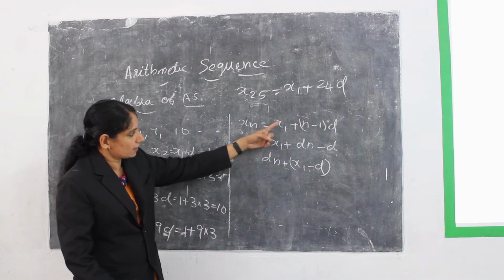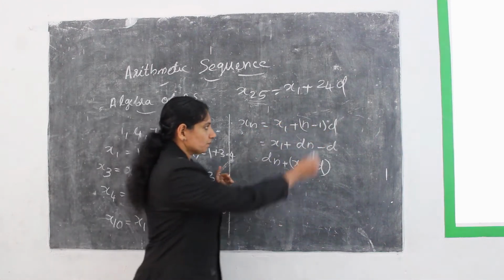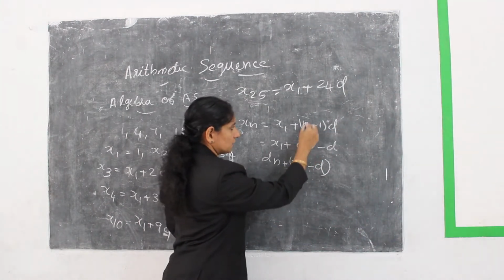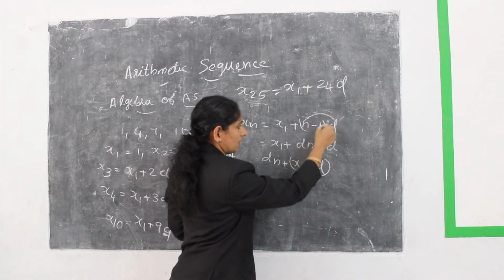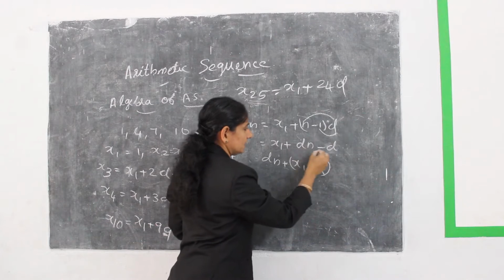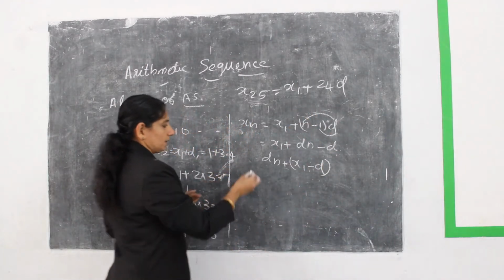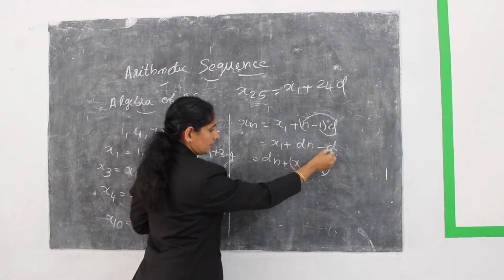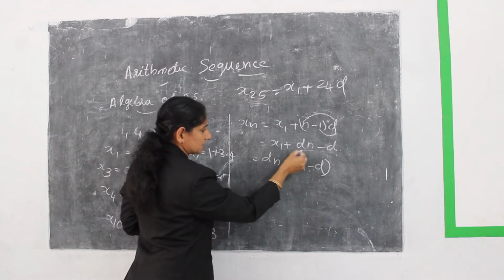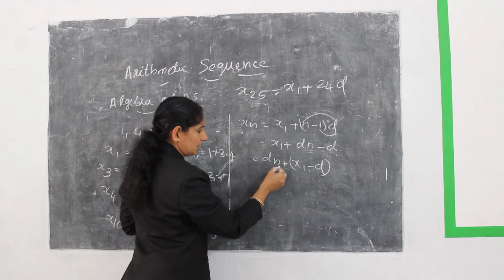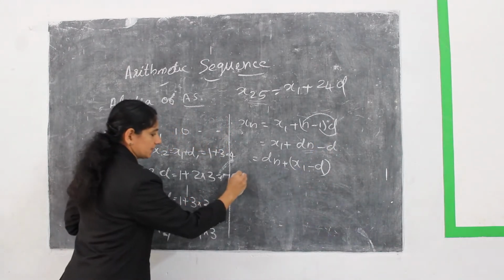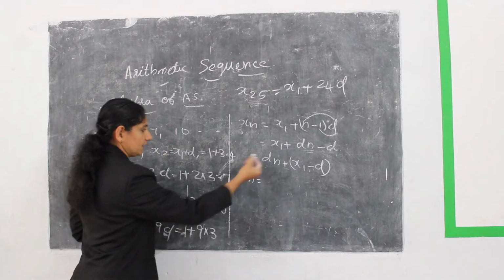Then if we remove these brackets, n minus 1 into d is equal to dn minus d. So xn is equal to x1 plus dn minus d. If we write this dn first, dn plus x1 minus d, that is xn is equal to dn plus x1 minus d.